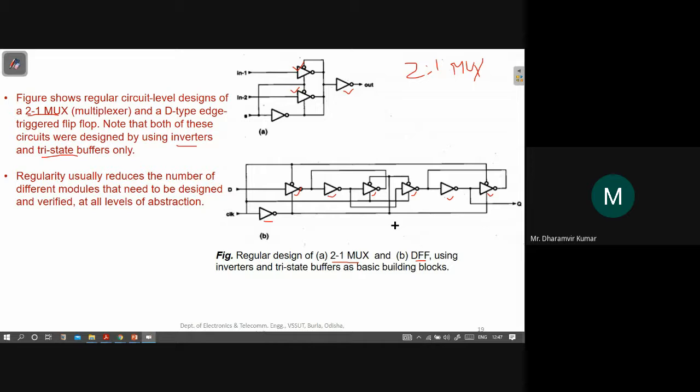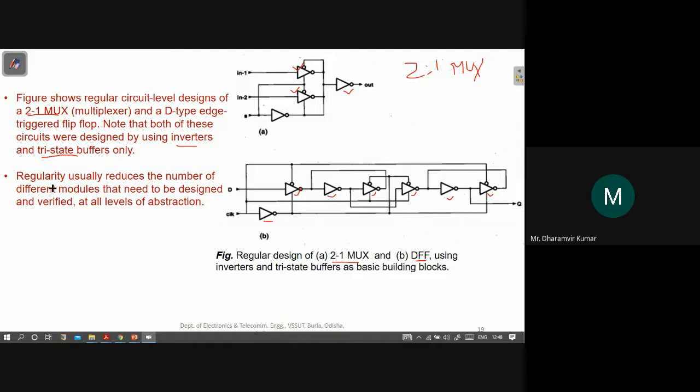But out of those different choices, which choice is better? We go for the circuit which uses similar gates as much as possible. That is what this concept of regularity says.